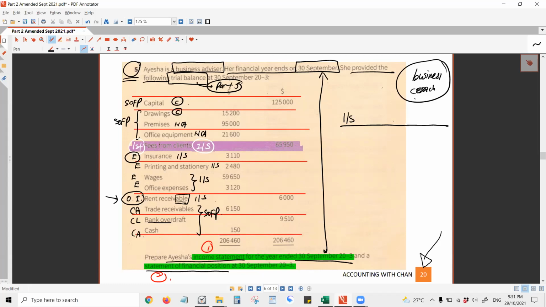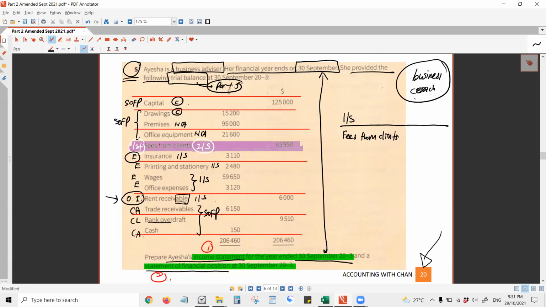I told you that the first item is fees from clients. If I'm not here, how would you know fees from clients is the first item? You would see a special item about how he gets money from customers.